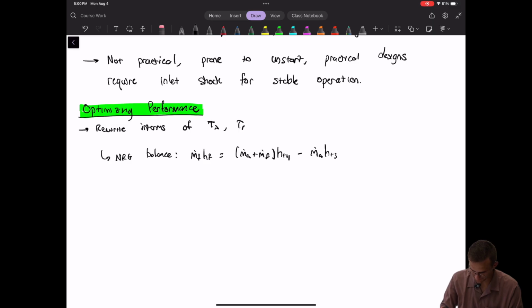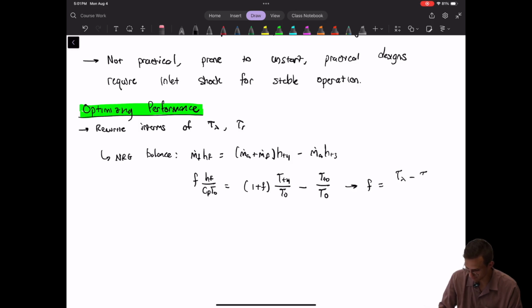So we have f, which is hf over cp T naught, is equal to 1 plus f times Tt4 over T naught minus Tt naught over T naught. These two things on the right are tau lambda and tau r respectively, and we have tau f on the left. And so we can write f in terms of tau lambda minus tau r over tau f minus tau lambda.